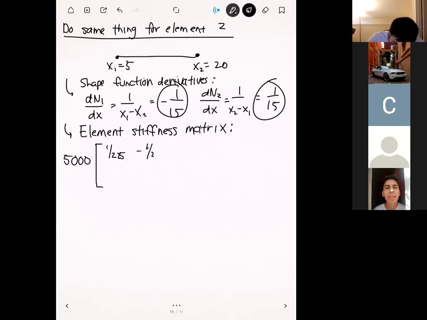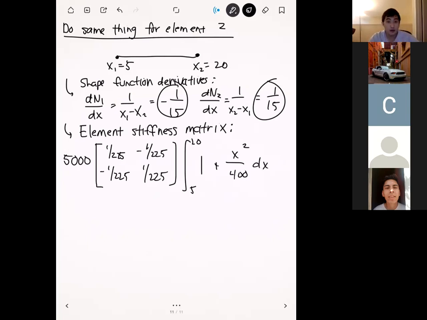And then minus 1 over 225, minus 1 over 225, and then 1 over 225. Okay. And then we're going to integrate from 5 to 20, because that's the left side of the domain and the right side. And then our area function is still 1 plus x squared over 400 dx. Okay.